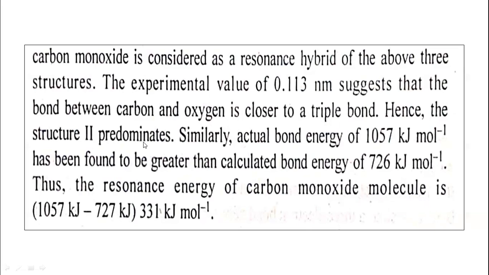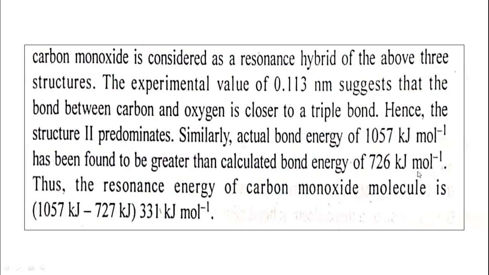Similarly, the actual bond energy of 1057 kilojoule per mole has been found to be greater than the calculated bond energy. The calculated bond energy of the carbon monoxide molecule is 726 kilojoule per mole. It means that resonance is present.